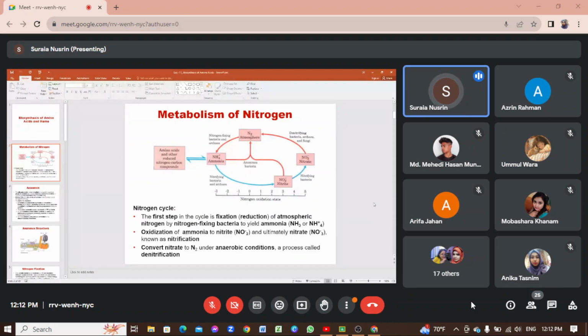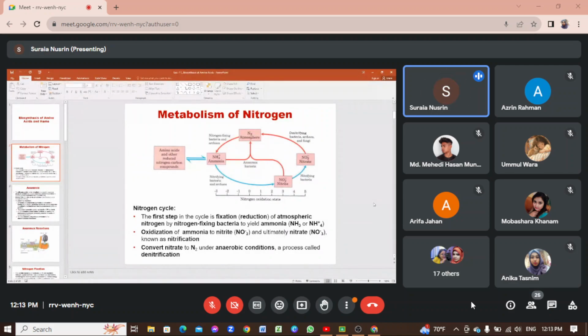And there are again plants or other microbes which can accommodate this ammonia into amino acids or other nitrogen containing compounds, and those are the reduced form of nitrogen. And when the nitrogen is oxidized, we get the oxidized form of nitrogen. Those are nitrite and nitrate.